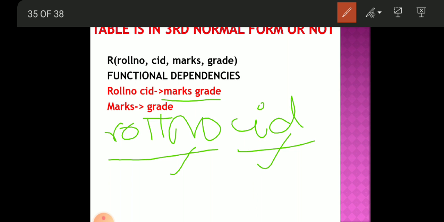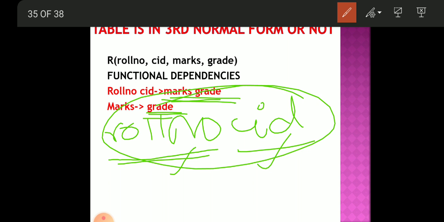If so, we have to check further for candidate keys. But in this case neither roll number nor CID is present on the right hand side. So we can definitely say that there is only one candidate key, and that is roll number and CID.